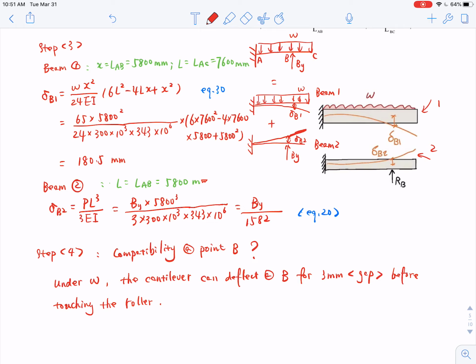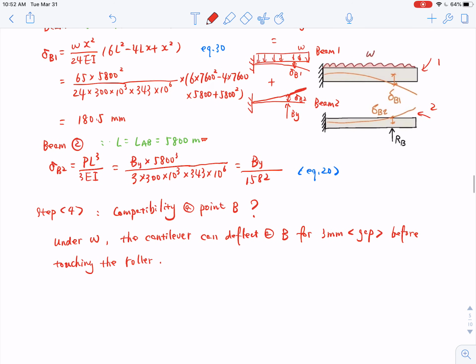Okay, the cantilever can deflect under W, that is the B1, right? So B1 can be equal to 3 millimeter, while the delta B2 is still 0. So that is to say that delta B1 is always larger than delta B2. We're talking about the magnitude, right? Not considering directions.